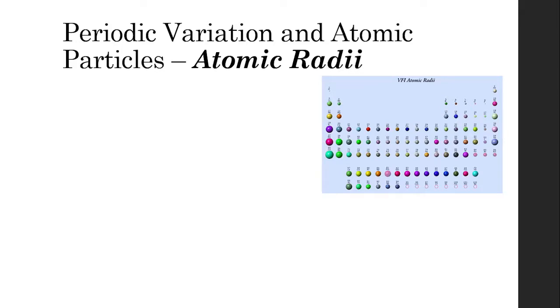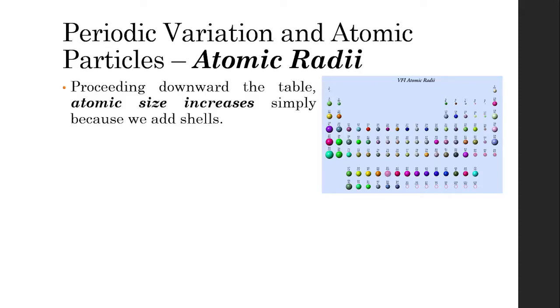And one of the first trends that we will see in the periodic table of elements is that if we go downward, so this is your periodic table of elements, but written in terms of the atomic radii. By going downward in the periodic table, and also going from right to left, the atomic radii is actually increasing, meaning the size of the atom is increasing.